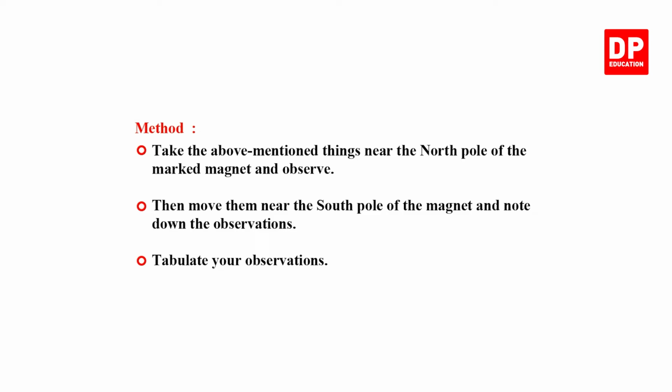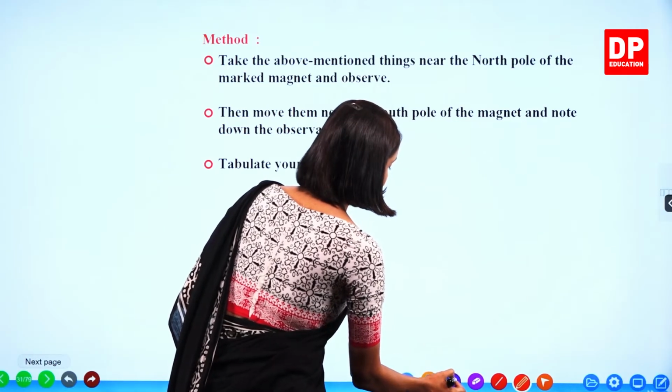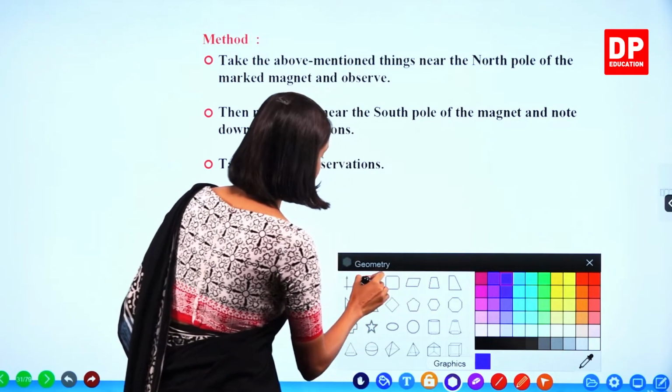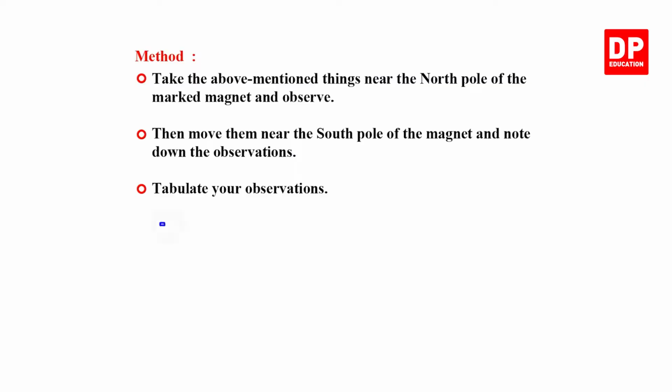Okay, the method is: take the above mentioned things near the north pole of the marked magnet and observe. Then move them near the south pole of the magnet and note down the observations. Tabulate your observations. You have to take the unmarked bar magnet, pencil and iron nail.